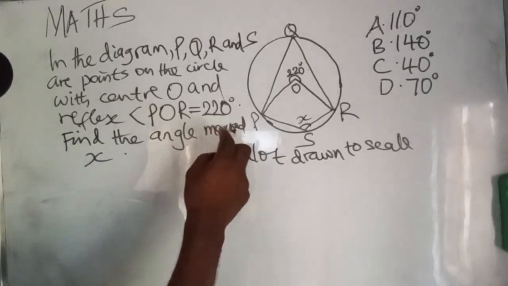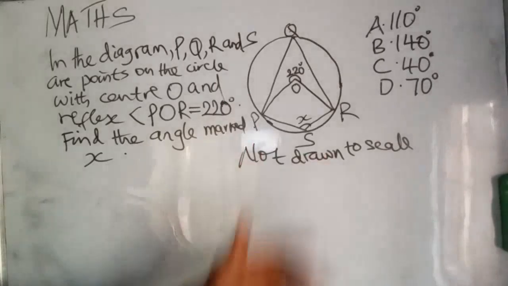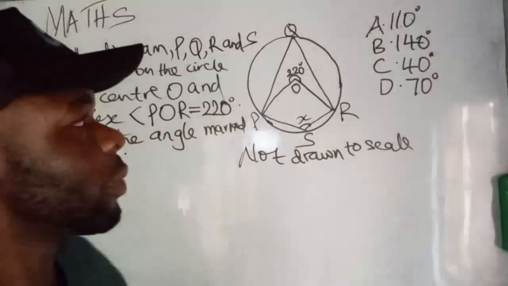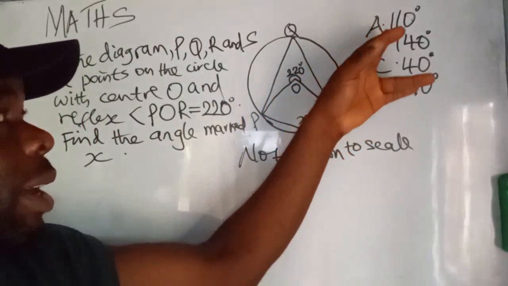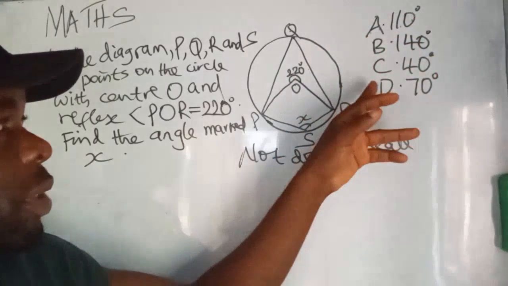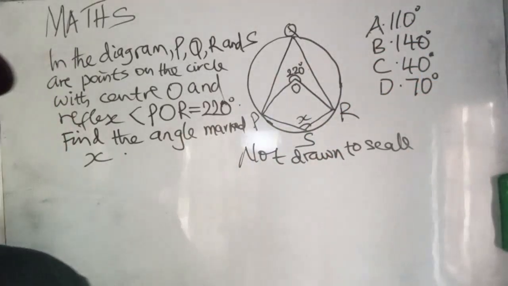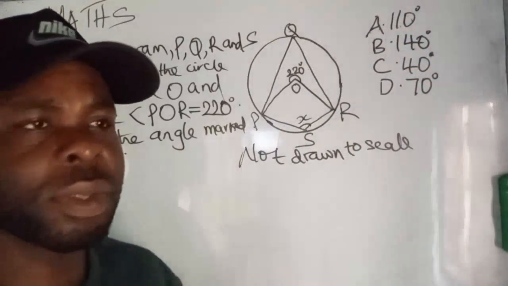Find the angle marked X. The diagram is not drawn to scale, and the options are A 110 degrees, B 140 degrees, C 40 degrees, D 70 degrees. Okay guys, let's go.